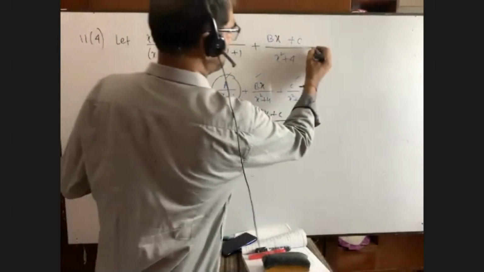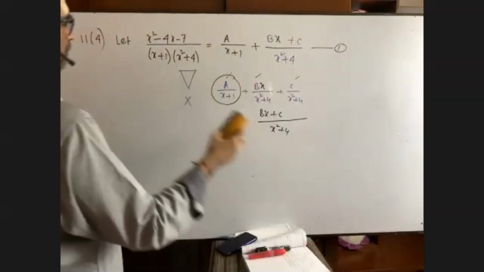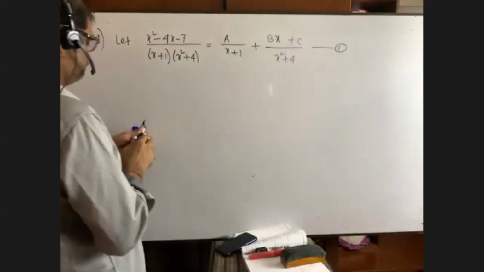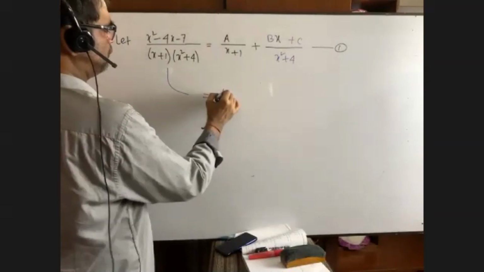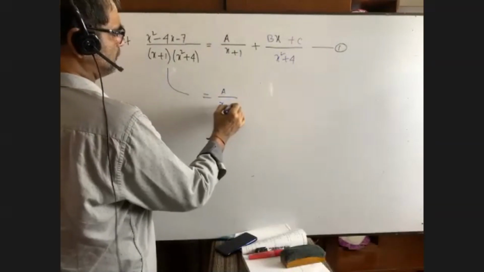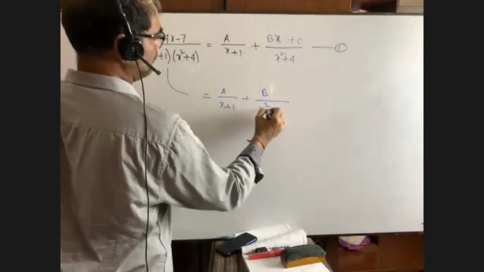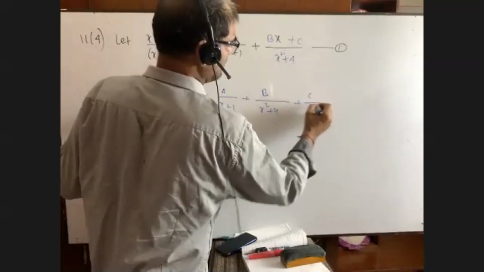Can I explain that one more time, sir? Okay. Normally, what should we do? We could write a by x plus 1, then b by x squared plus 4 and c by x squared plus 4.